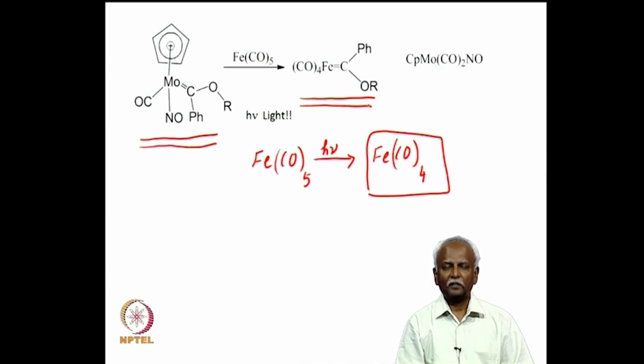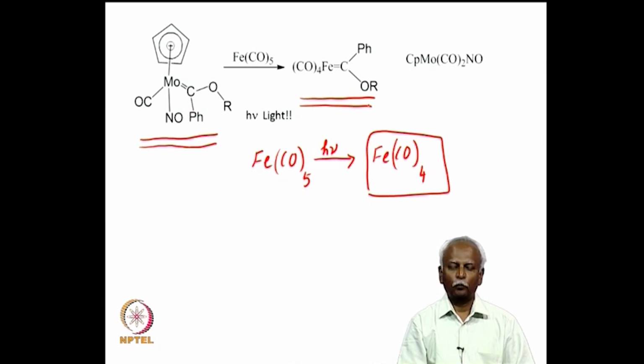So, in this instance, you notice that we are moving from a metal atom which is molybdenum, which is a 4D metal atom, and that 4D metal atom loses the ligand to a 3D metal atom.